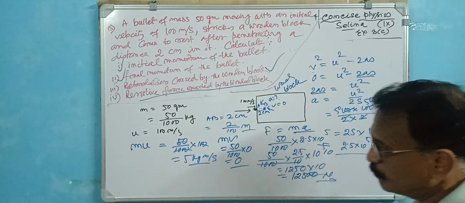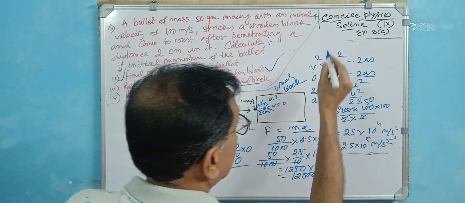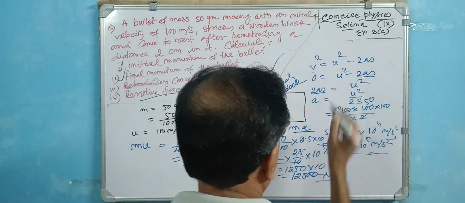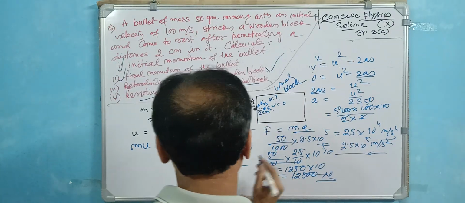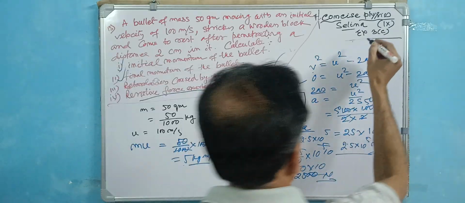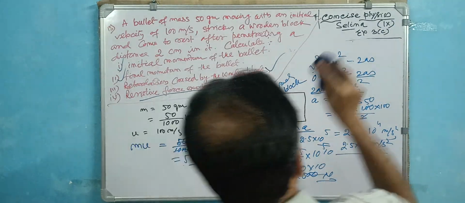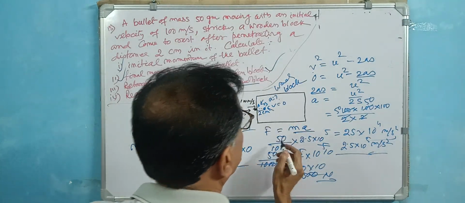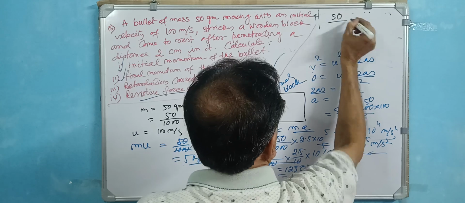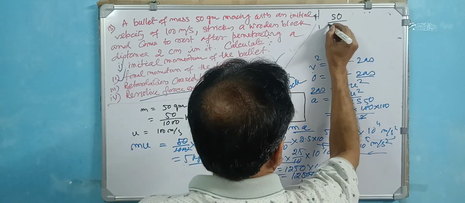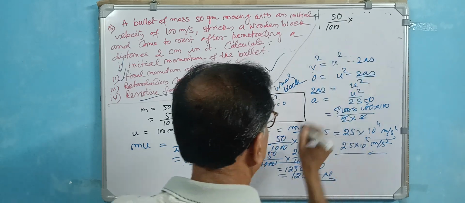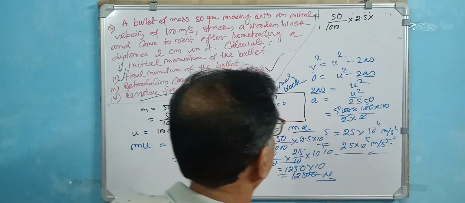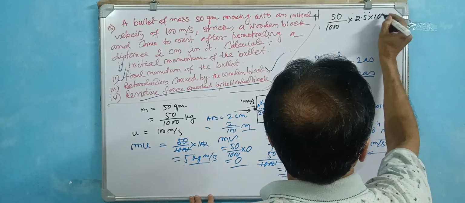This calculation is very easy. Actually, this is 50 by 1000 into 2.5 into 10 to the power 5.